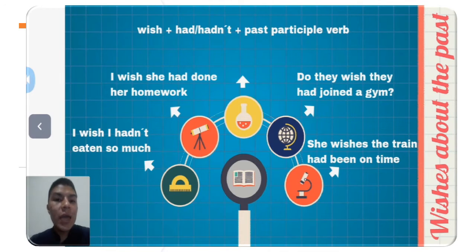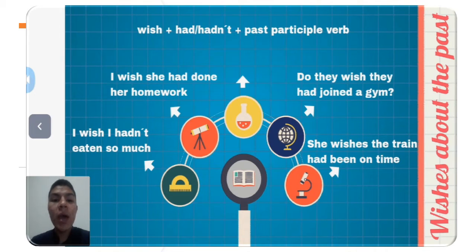I wish I hadn't eaten so much. This means that in the past, this person ate so much food and he wished the opposite, right? So the second example says, I wish she had done her homework.